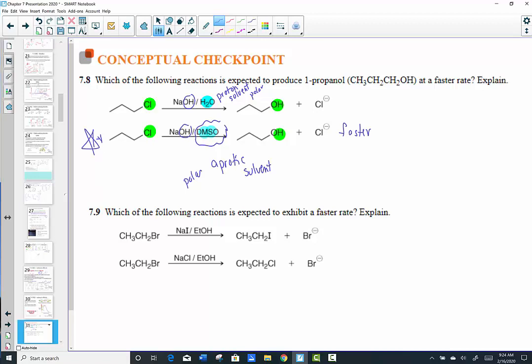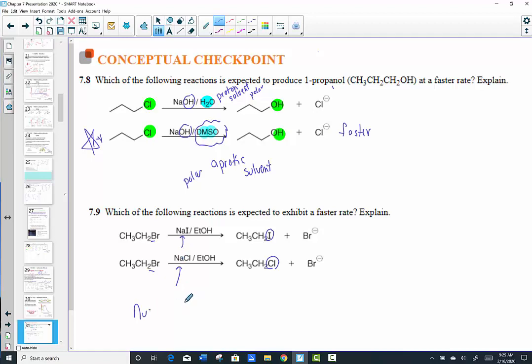Which of the following reactions is expected to exhibit a faster rate? Explain. It looks like we're starting with the same alkyl halide. This is bromide, but I notice that we're switching bromide into iodide and bromide into chloride in this particular example. So the difference here is the nucleophile.